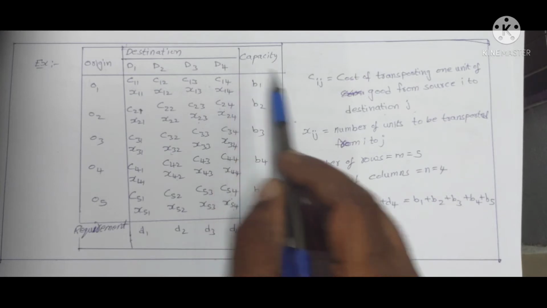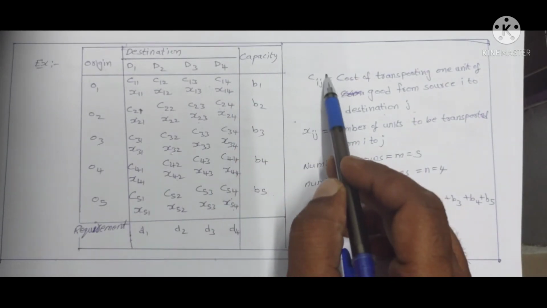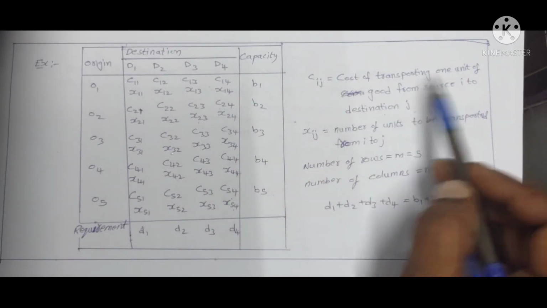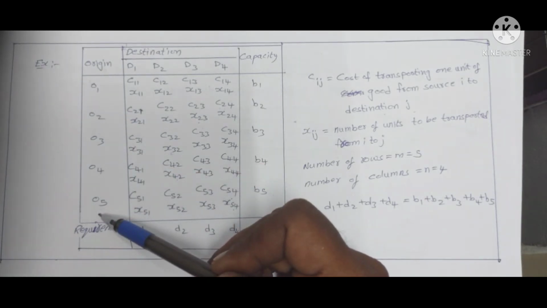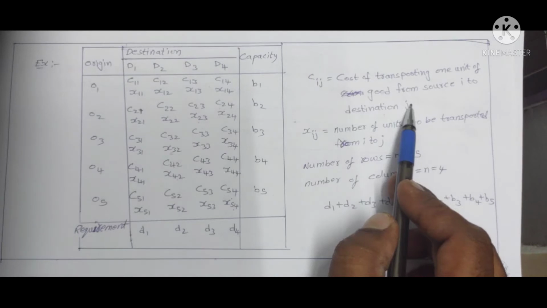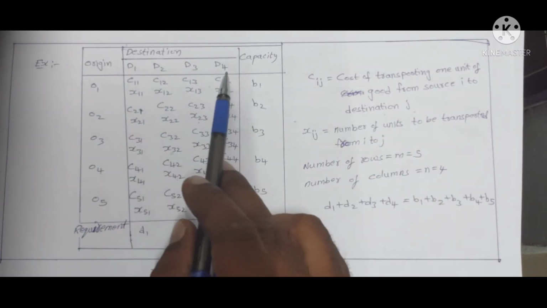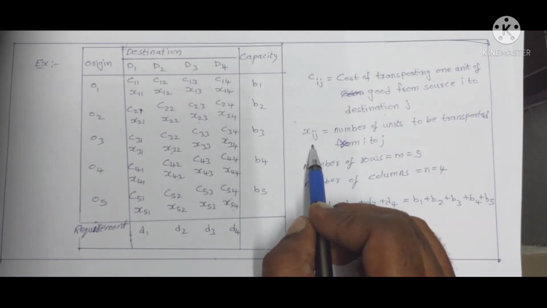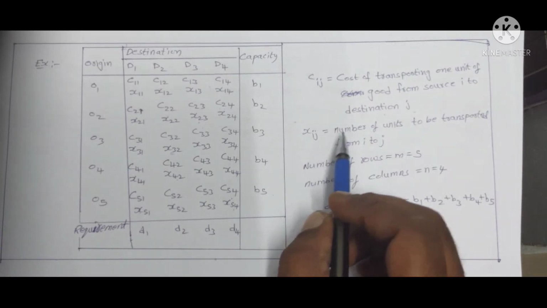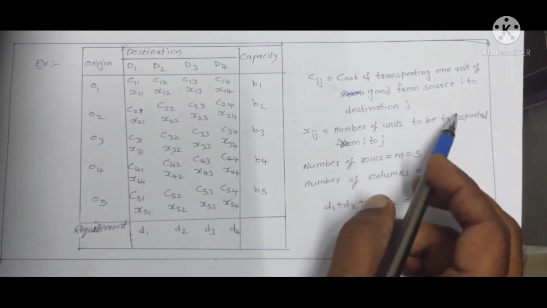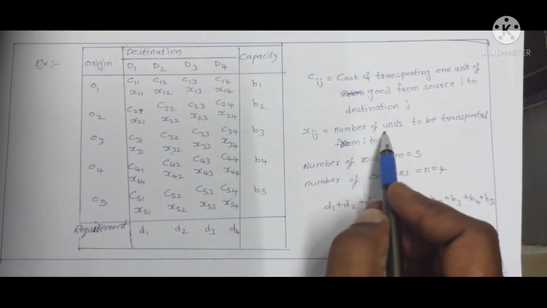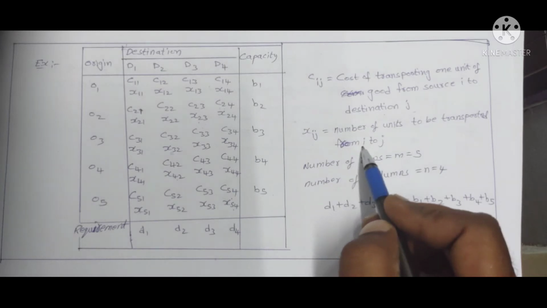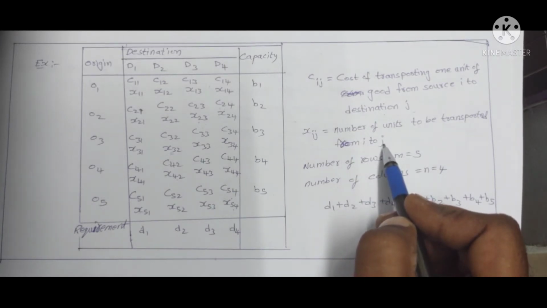That transportation cost is taken as Cij, where i is from 1 to 5, and j is the destinations D1 to D4, from 1 to 4. Similarly, Xij is the number of units to be transported from i to j. Number of units or goods to be transported from origin i to destination j.